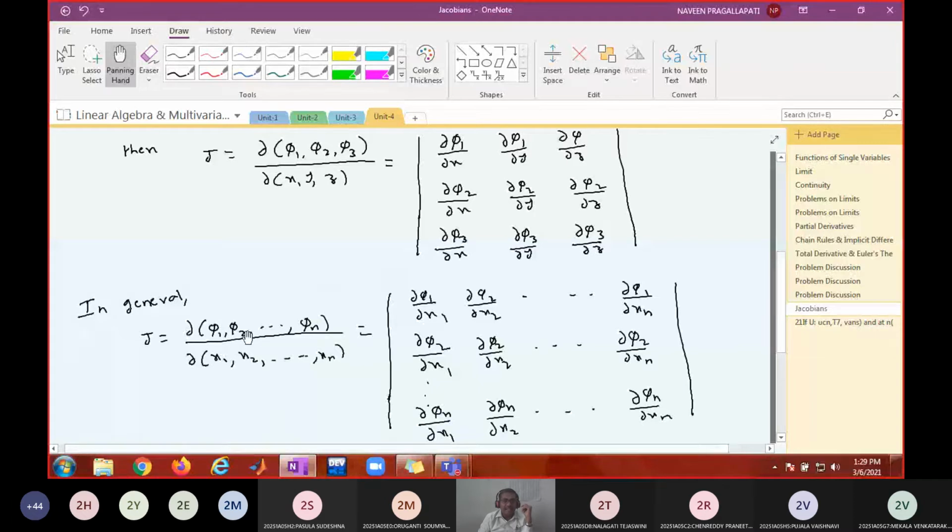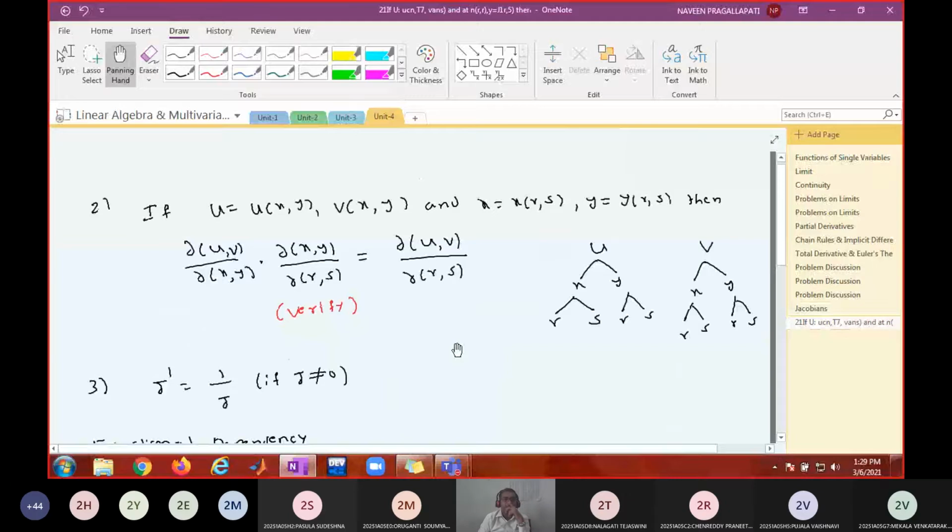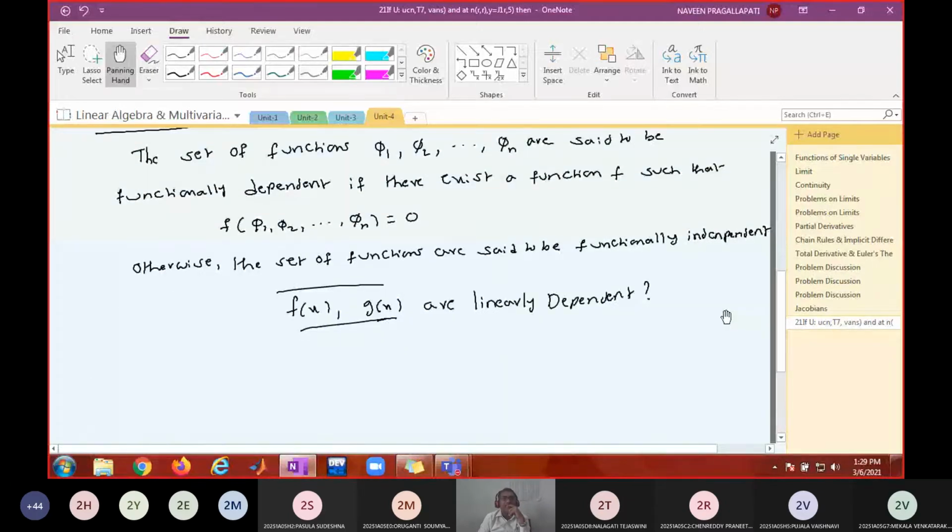If you are given n functions, they must be functions of n variables. Okay, in one sense, you can apply Jacobian, but what is the actual condition to check whether they are linearly dependent or not? Wronskian. Is it okay? Where did we use the Wronskian concept?